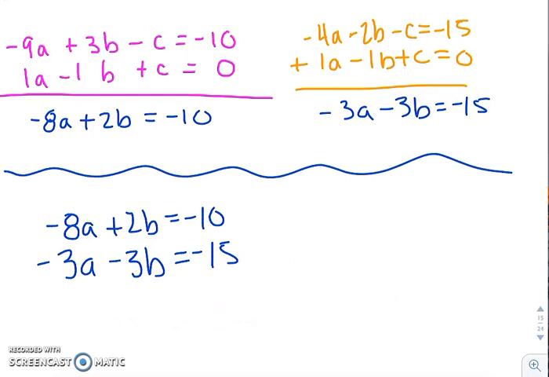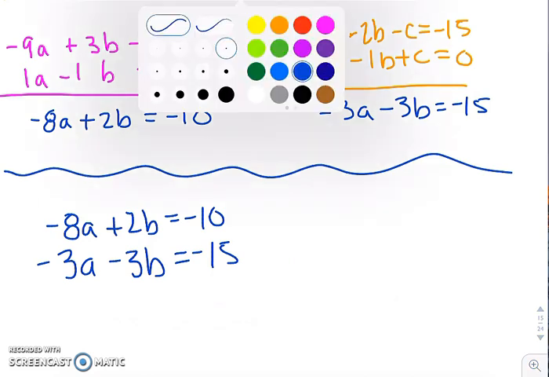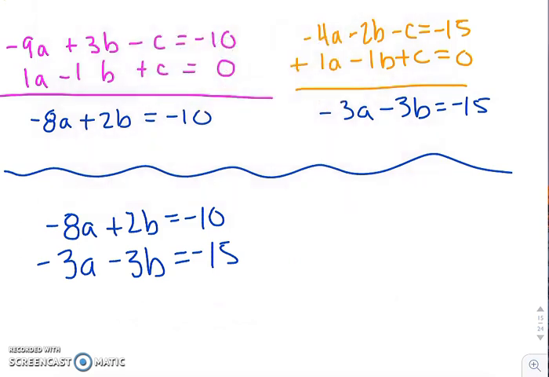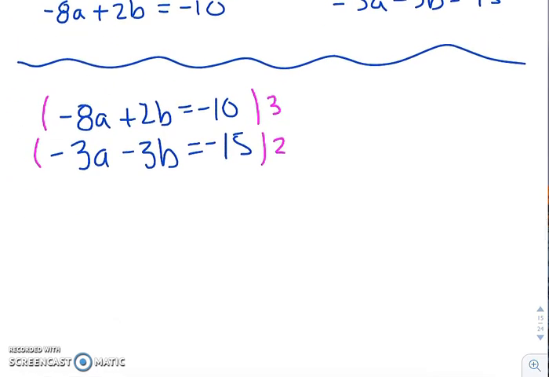Okay, so let's see. If we're trying to eliminate either a or b, let's probably do b. So I'll multiply this one by 3 to get b to be 6, and this equation by 2 to get b to be negative 6.